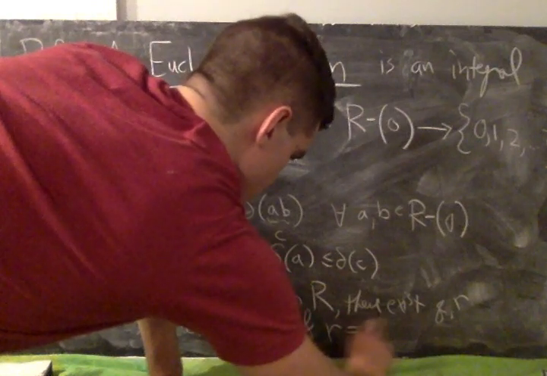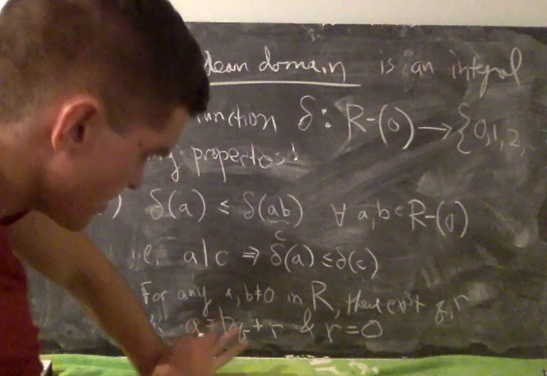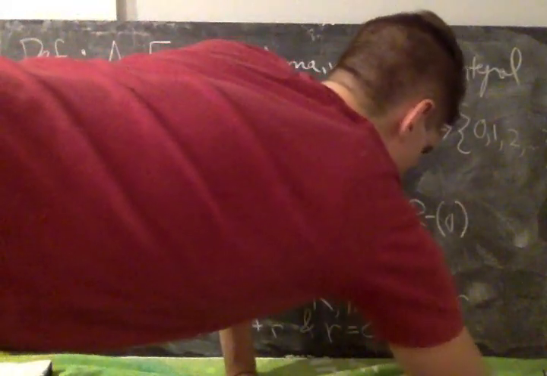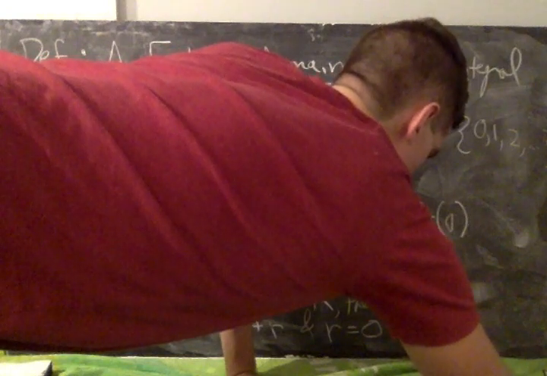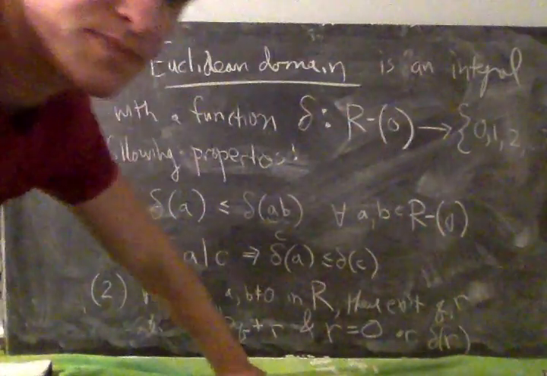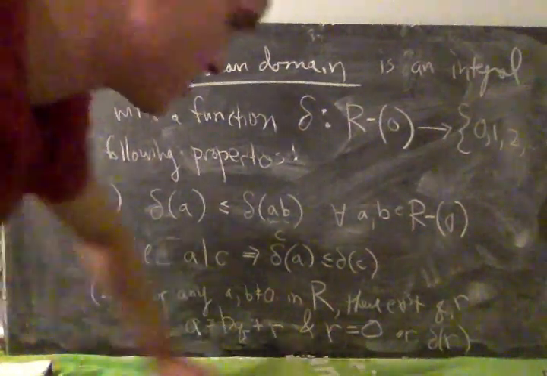Such that we have this expression for A in terms of B, and either R equals 0, so it was just the case that B divided A straight up, or the size of R as measured by delta is strictly less than the thing we're dividing by.